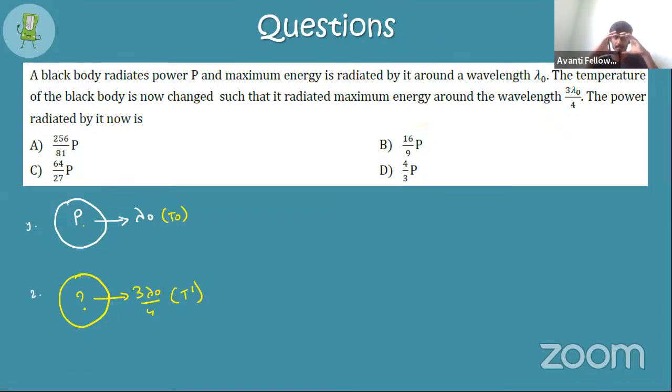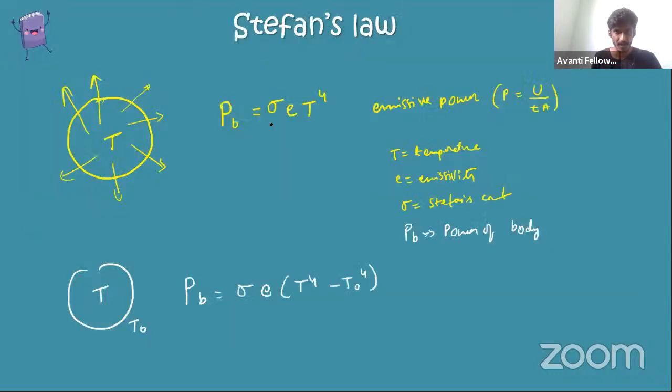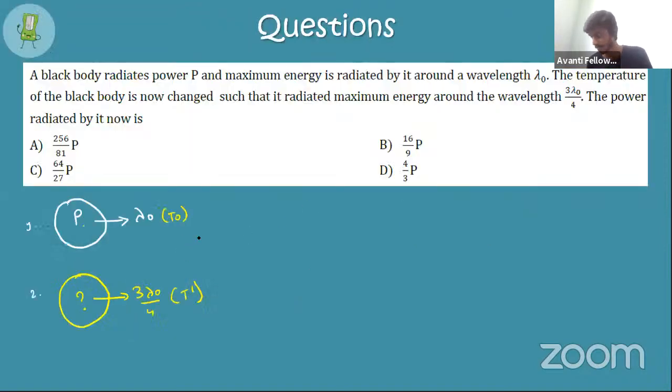Initially at temperature T naught, the object was emitting lambda naught and the power coming out was P. Now the temperature is increased to T dash, and the wavelength is 3 lambda naught by 4. Now what is the power they're asking? As I told you students, power you can calculate by using temperature or by using energy. Here I can find temperature because in the question they have mentioned temperature, right?